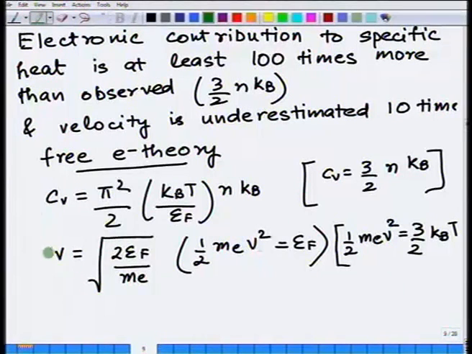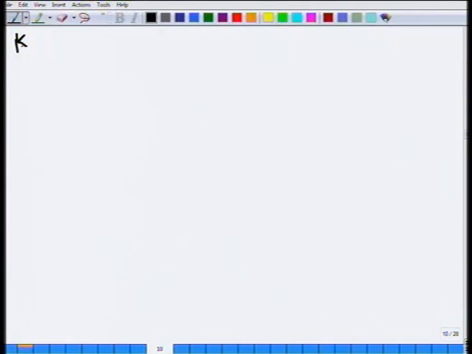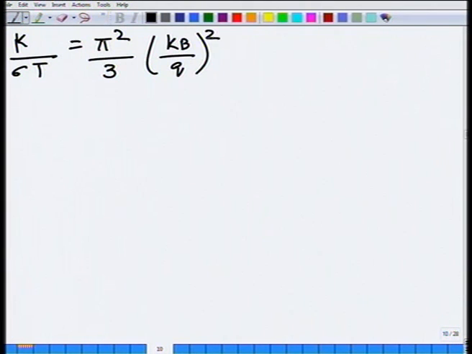If you now plug in these numbers, then in this case K/σT becomes equal to π²/3 (k_B/e) whole squared. Again a constant number: even by free electron theory we are getting K/σT constant, the Wiedemann-Franz law.